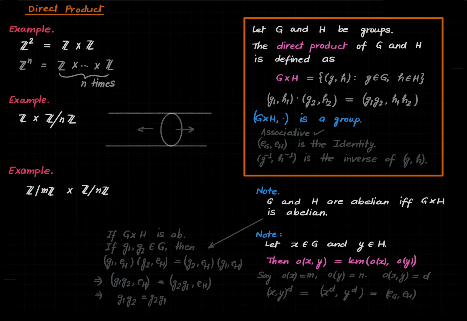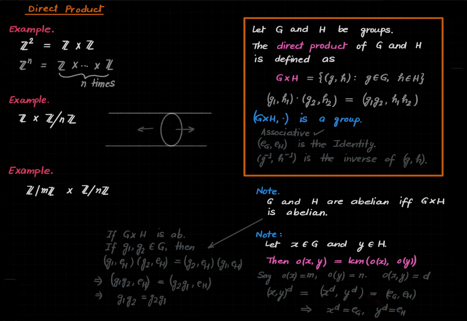And you get x^d is e, and y^d is eH, and hence d is divisible by the order of x and d is divisible by the order of y. So d is a common multiple of the order of x and the order of y, and hence it is at least the least common multiple.